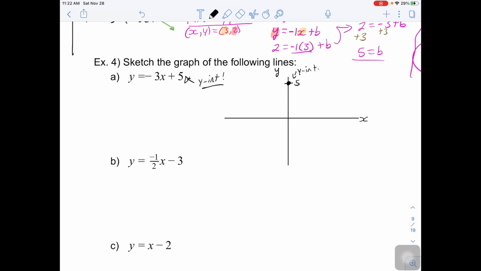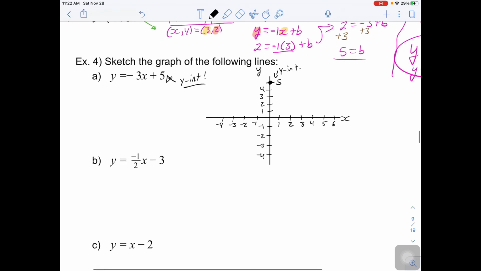Now, let's create some scales here. This will be 1, 2, 3, 4, 1, 2, that's a little off, 3, 4, 5, 6, and -1, -2, -3, -4.